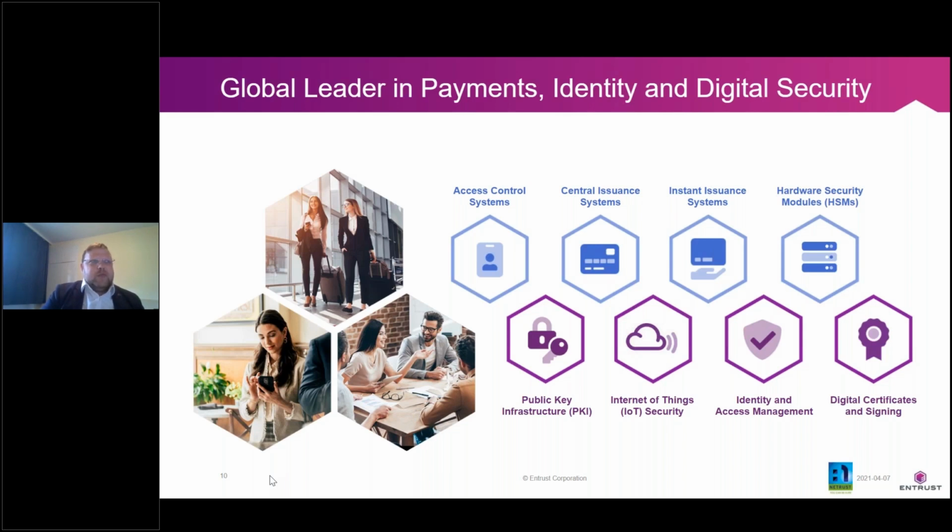The fastest growing part of our portfolio is actually digital security. Through both organic growth and acquisitions, we've built a portfolio of core technologies that are essential for enabling and securing a connected world. One of the great differentiating factors of our digital solutions is what we refer to as high assurance security.